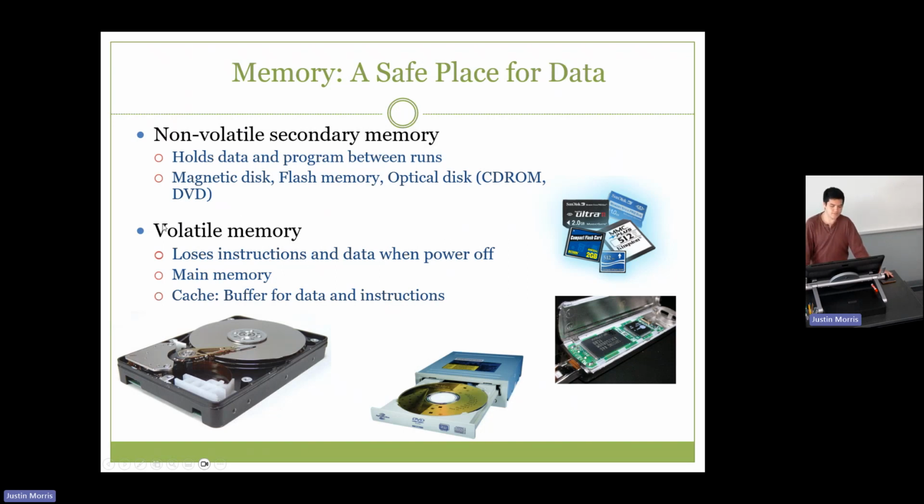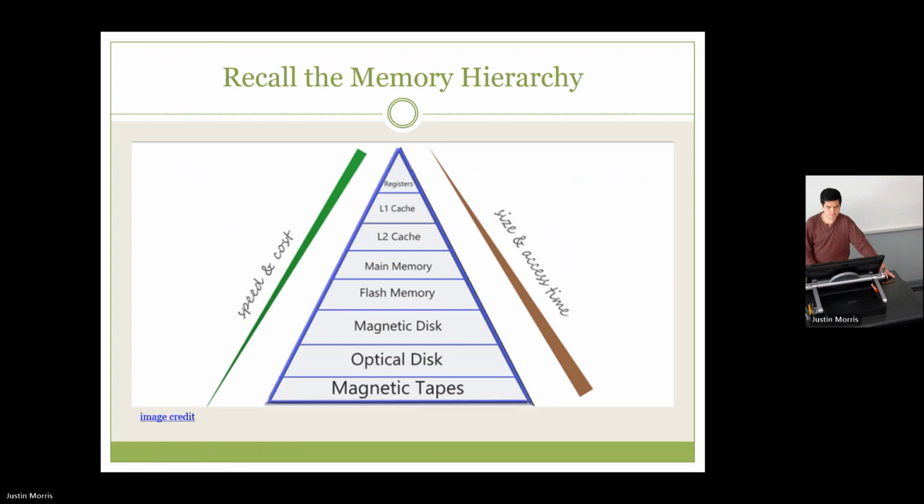You're going to have volatile memory at the top where it needs to be fast, and non-volatile memory at the bottom where it doesn't really matter how slow it is, as long as it's reasonably fast. But what's more important is, can it hold my programs and my data without needing constant power? So here's your memory hierarchy.